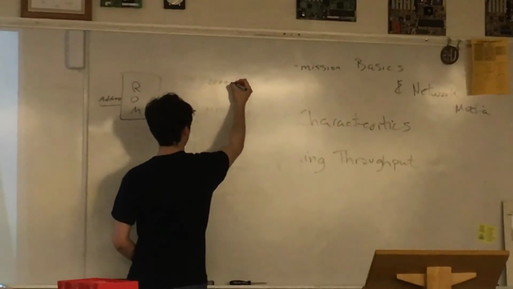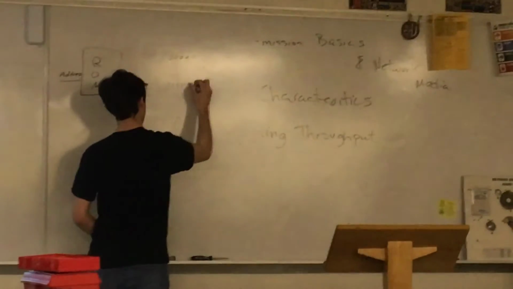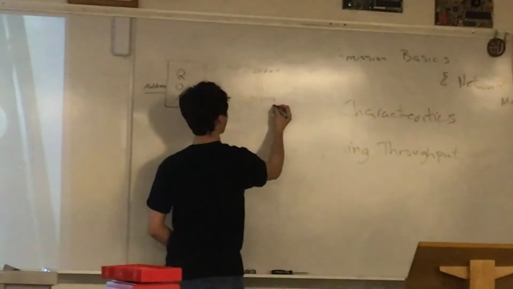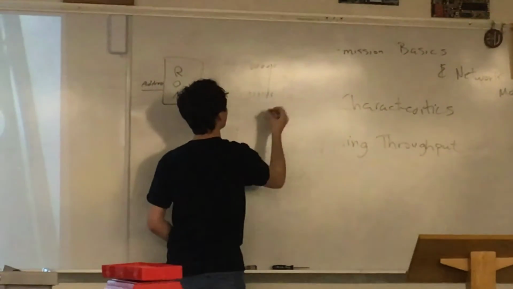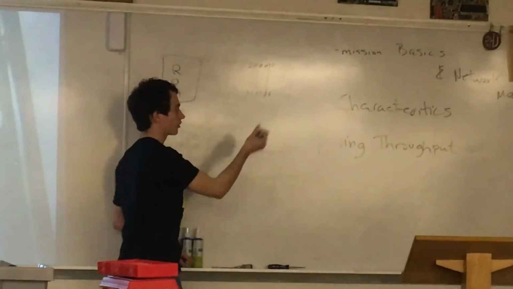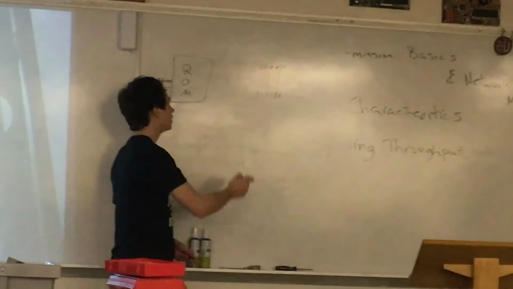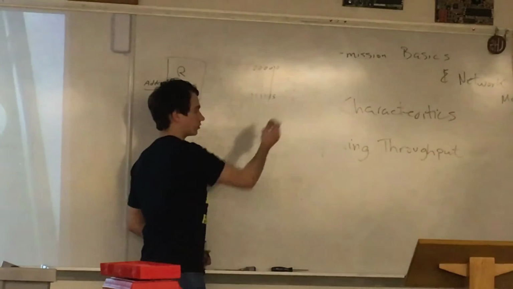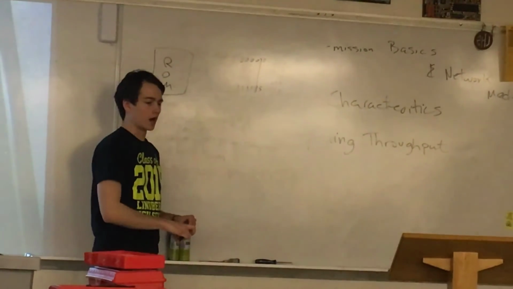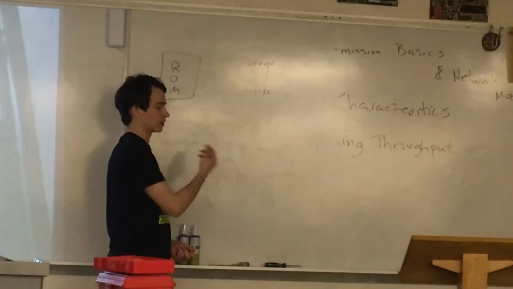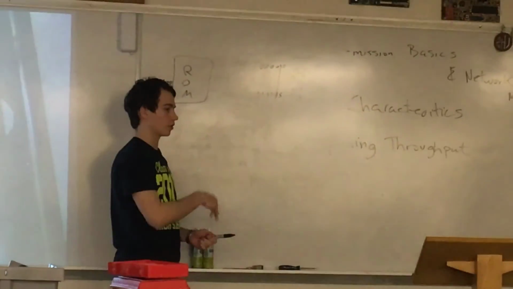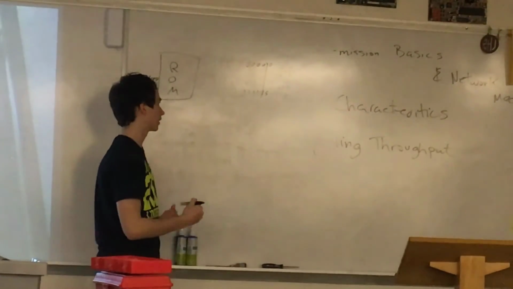They start at address 0 and go to 15. That's only for 4 bits. If you have 8 bits, it will go from 0 to 255. So at every single address, you're going to have a few ones and zeros that are stored there, and that you can retrieve and send out to the rest of the computer.